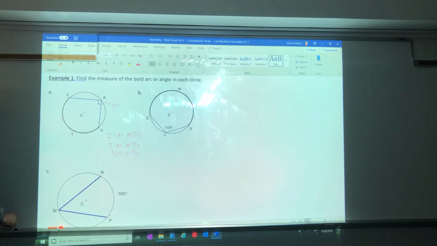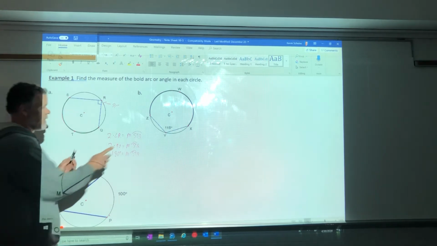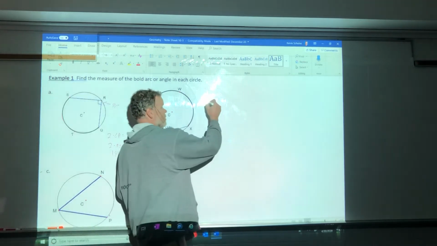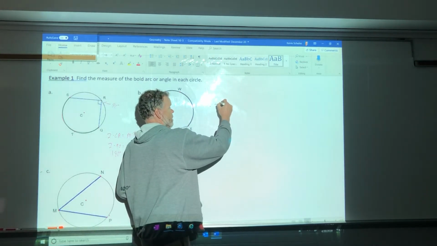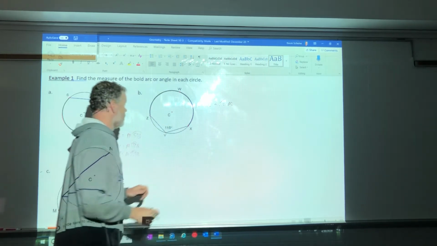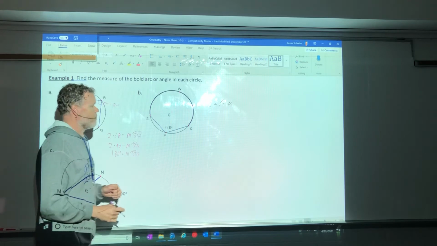Go with the darker marker here. And again, they do the same thing here. They give you the measure of the angle. So we know that 2 times angle Y is going to equal the measure of arc ZWX.